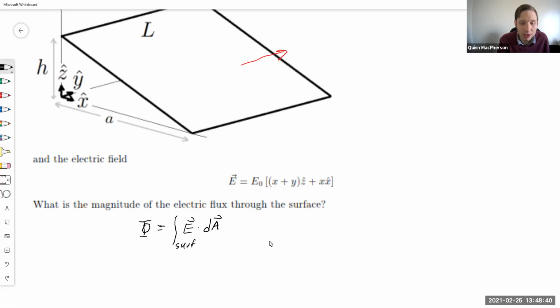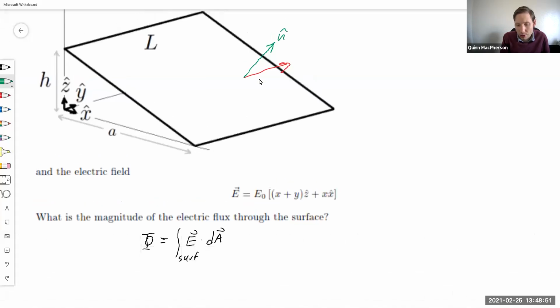Okay, so dA is the normal vector, so we can think of the normal vector up here as the vector perpendicular to the surface. And this electric field, in general, will not be perpendicular to the surface, so we will need to perform that dot product there.